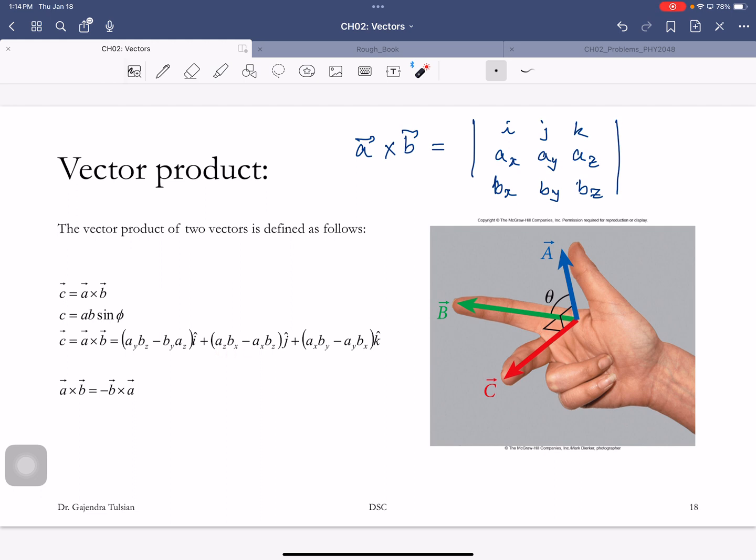Here's the pattern: the x component of the resultant vector C doesn't involve the x components of A and B. The y component of C doesn't involve the y components of A and B. The z component of C doesn't involve the z components of A and B.